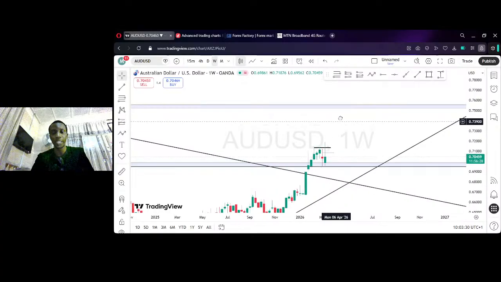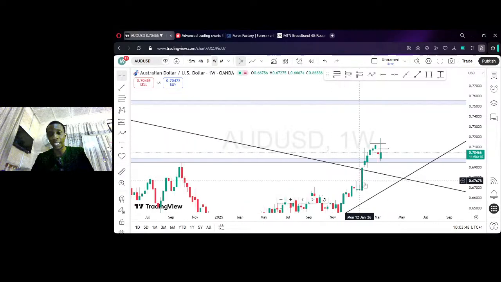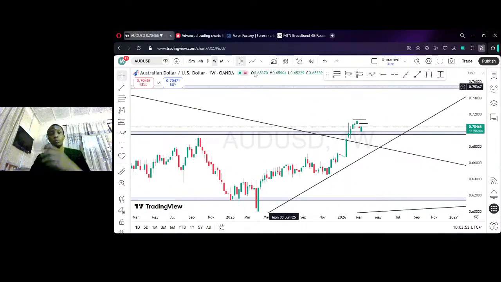And as you can see today, we have a weak rejection. This tells us we might see more selling, with AUD/USD dumping to the downside to retest this trend line again. From there, price will turn around and push to the upside.